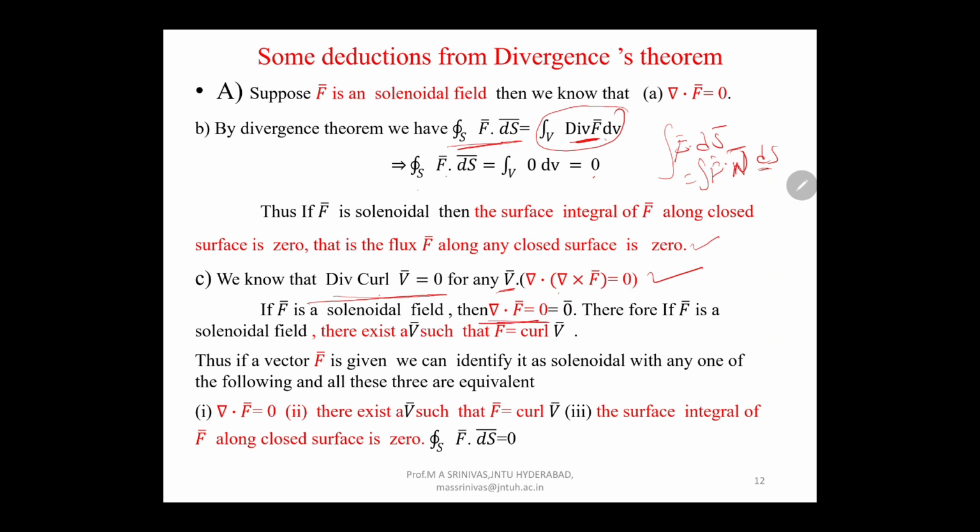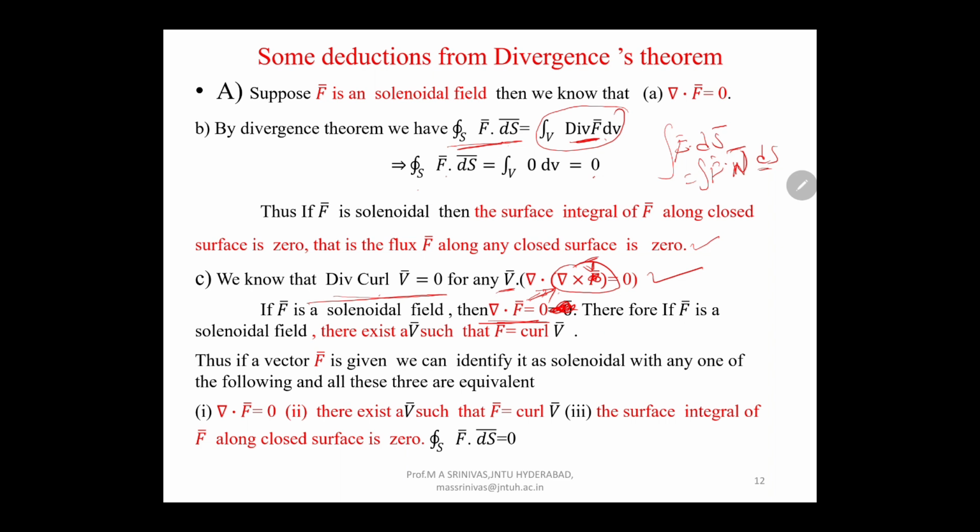If the divergence of f bar is 0, then also we say that f bar is solenoidal. If you just compare these two, in place of this f bar, you have this. So here I can say this is v bar. Div curl v bar is del dot del cross v bar.